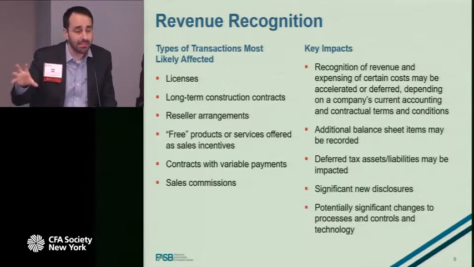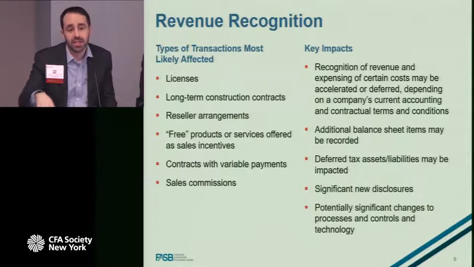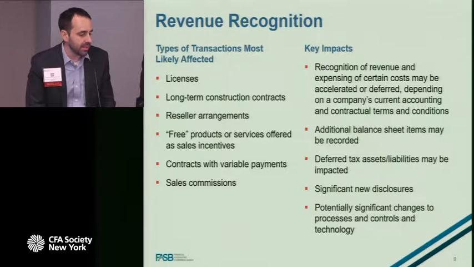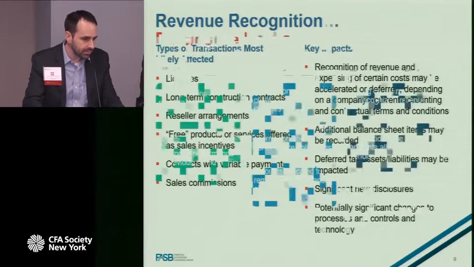Then, based on the timing and change in timing and revenue recognition, it's going to result in changes to deferred taxes, and as well as new disclosures. And so because of all of this and the new way of thinking about it, companies are really making changes to processes, their internal controls, and then even a lot have looked at new software that they can use to track the revenue. And so they're making changes there.